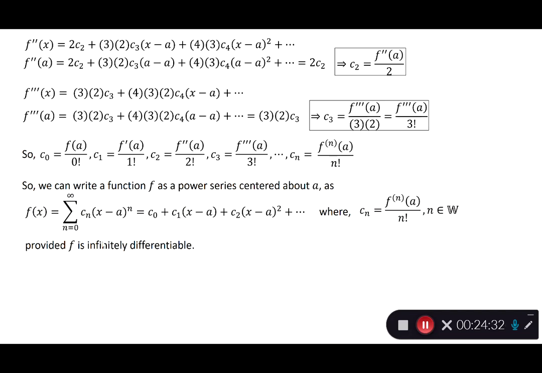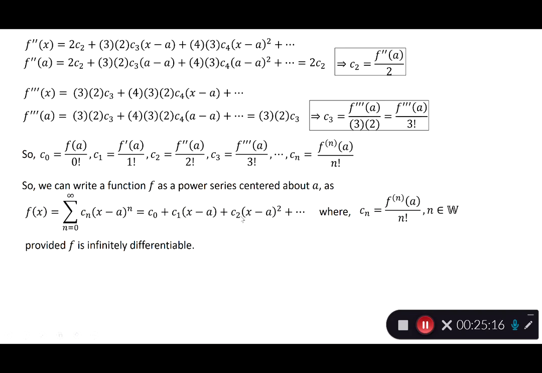Notice how many constants we would have: infinite constants, c0, c1, c2, c3, c4, c5, and on like that. But every one of those constants requires us to find that kind of a derivative. If you want to find c sub 5, find the fifth derivative and evaluate it at a, divided by 5 factorial. So if you want the 100th term, you should be able to differentiate this 100 times. So for the infinite number of terms, we should be able to differentiate this function f an infinite number of times. If you can do that, you can find the power series representation of that function.